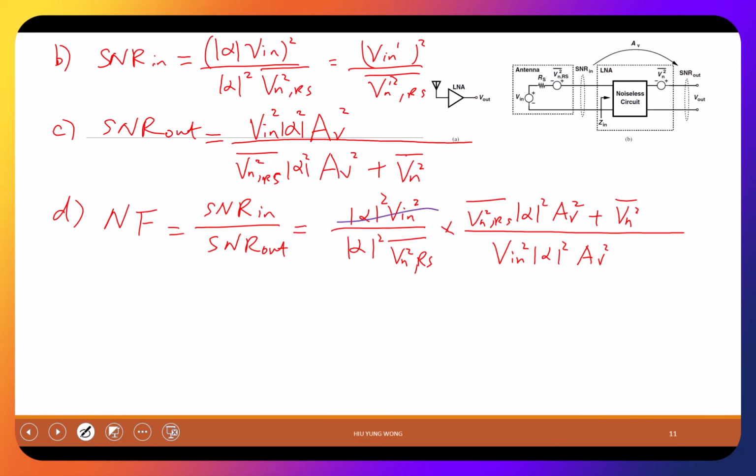I'm going to cancel this too. You see this term is the same as this one times this one, AV square alpha square Vn square. So this is 1 plus Vn square bar divided by alpha square Vn square Rs AV square.